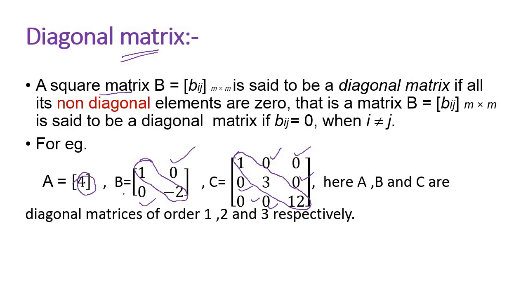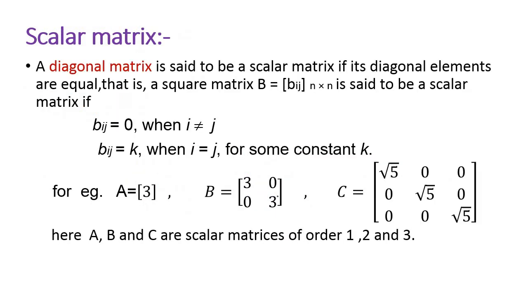Here these are the only diagonal elements, since it has order only 1 by 1, so other elements are not shown here. But further in order 2, order 3, and higher orders, you will see that the non-diagonal elements should be 0.